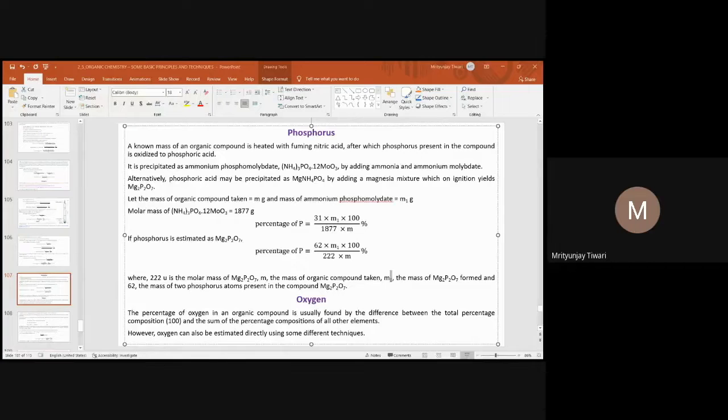So what we see is that the known amount of the compound is heated, and oxygen gas is produced along with other gaseous products. When this oxygen is passed over red hot coke, it forms carbon monoxide, and when this carbon monoxide is oxidized by iodine pentoxide, it forms elemental iodine plus CO2.